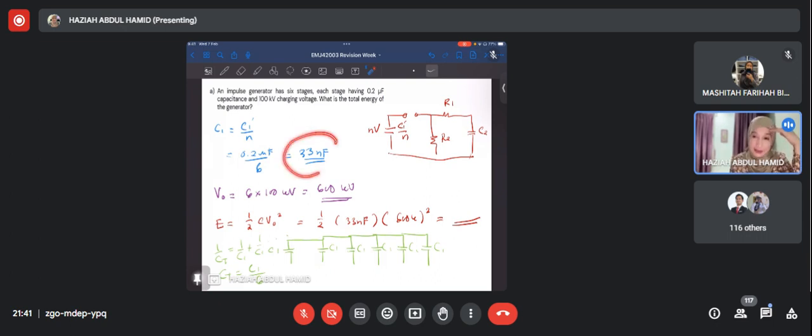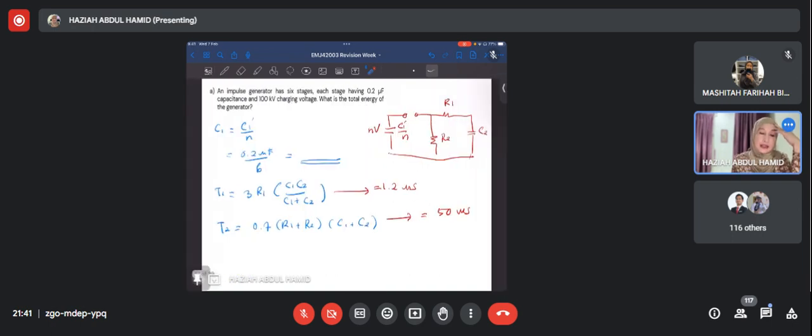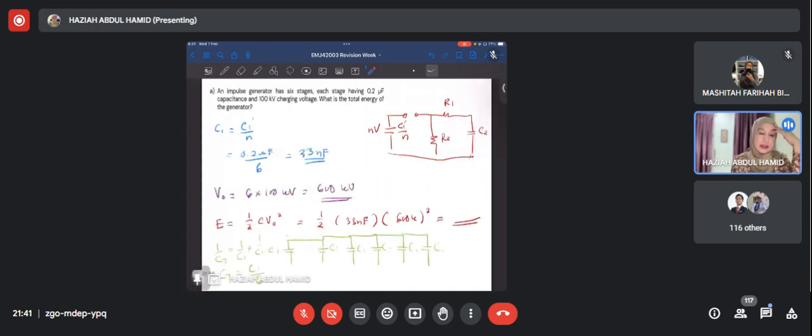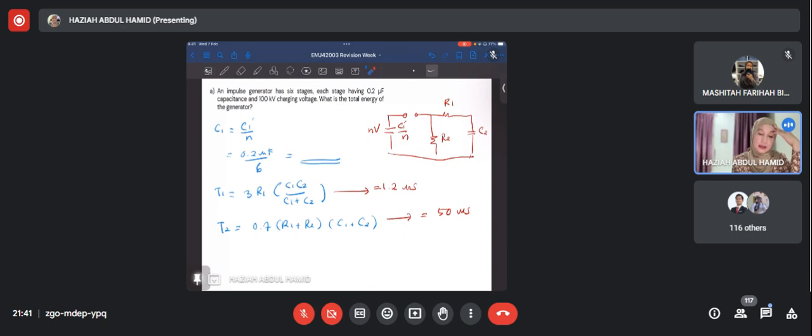Ini you please calculate again in case saya silap, jangan trust sangat lah. Okay, and then saya ada VO 6 kali 100 kV dan kita dapatlah E. Dapatlah E berapa kat sini, you kira lah.